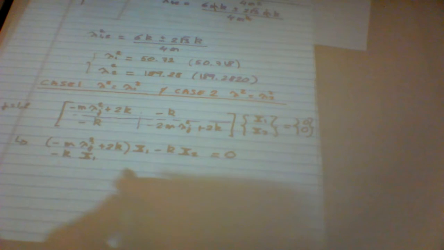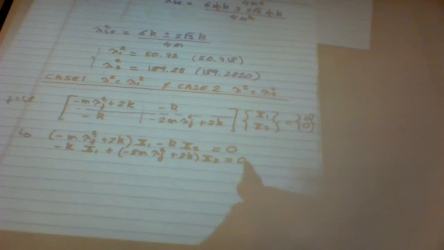And the equation we're going to get is minus k x1 plus minus 2m lambda j squared plus 2k, x2. That must be equal to 0, no?